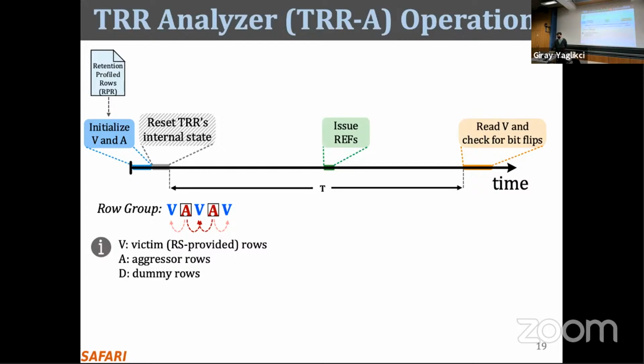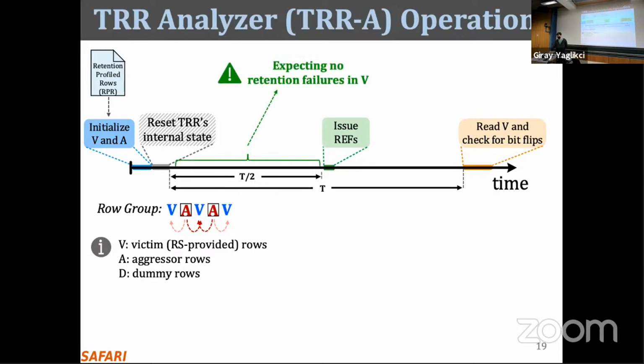So the TR analyzer issues a refresh command when the victim rows are not refreshed for half of t. And this is to ensure that a victim row retains data correctly until it is potentially refreshed by a TR-induced refresh. And similarly, it correctly retains its data after a TR-induced refresh until the TR analyzer reads the row's data. If there's a retention failure at the point where a refresh is issued, even if TR refreshes that victim row, since it already has a bit flip, it has no chance to correct that bit flip, right?